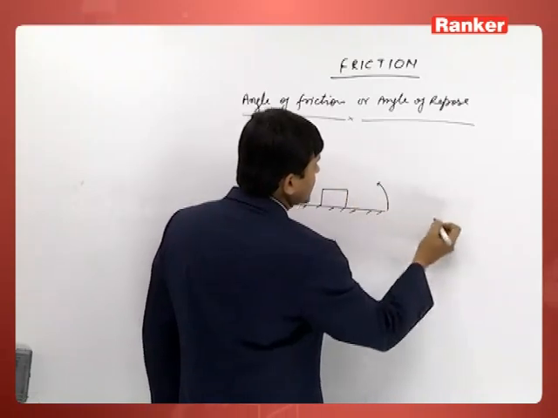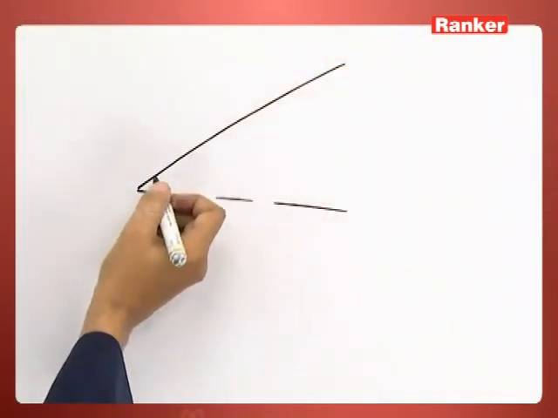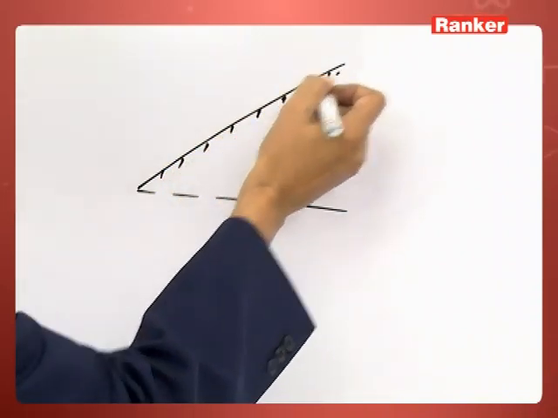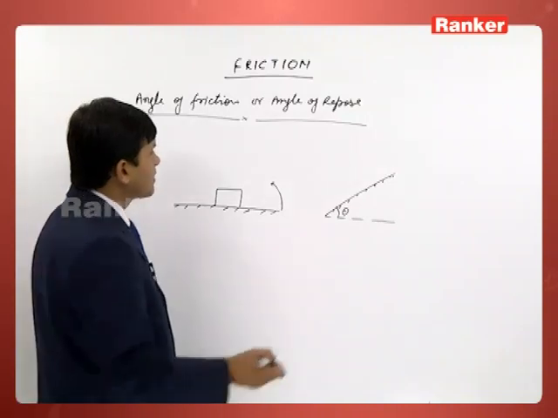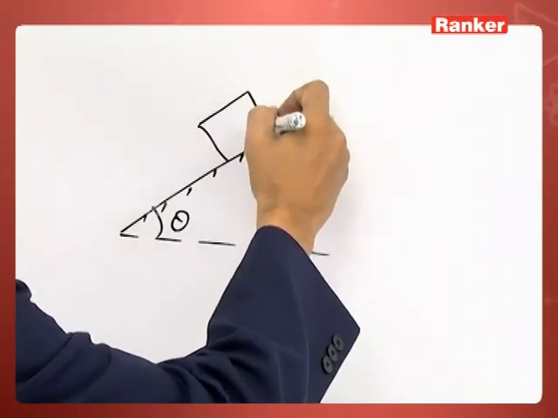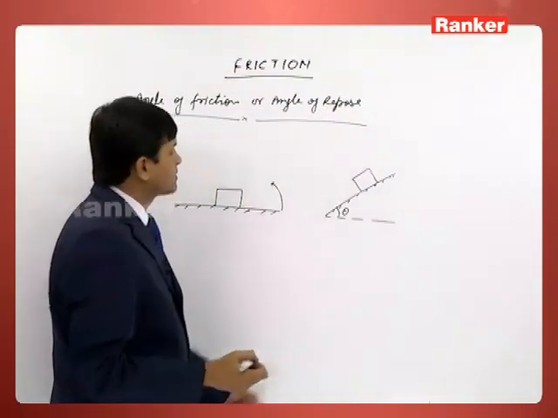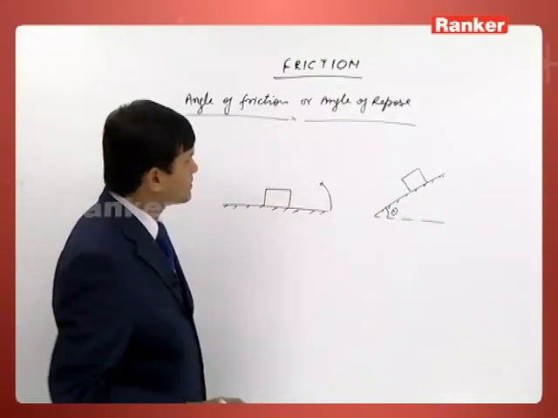If it starts moving like this, this is now the surface. Let the surface make an angle theta, so our body is like this. Let at this angle theta, the body be about to start.